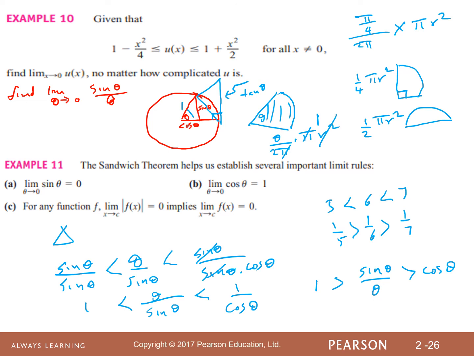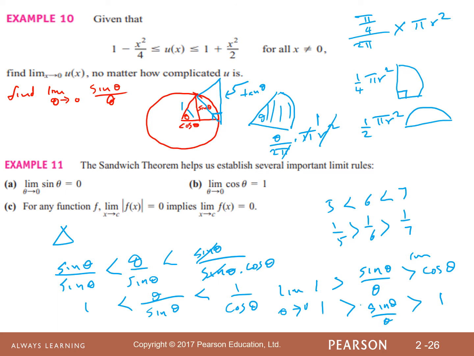So we flip them. I want you to take the limit of the left and the limit of the cosine as theta goes to 0. What's the limit of the left as theta goes to 0? Is 1, right? And what is the limit of cosine as theta goes to 0? Cosine 0 is equal to what? 1. So the limit is equal to 1, right? Didn't we sandwich sine theta over theta?